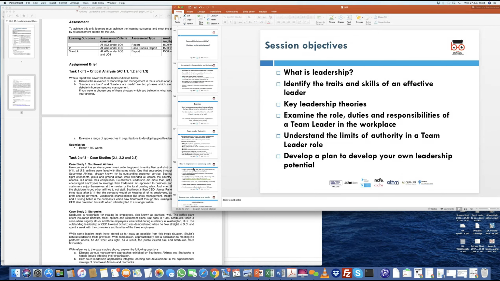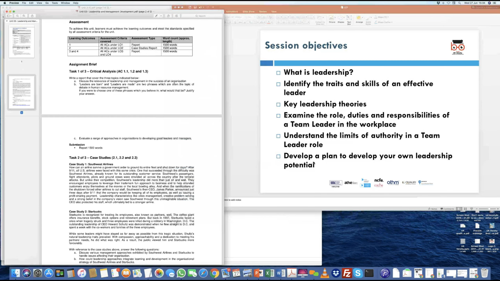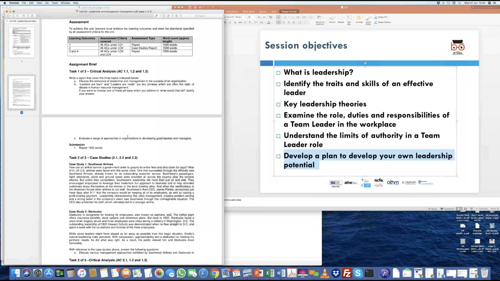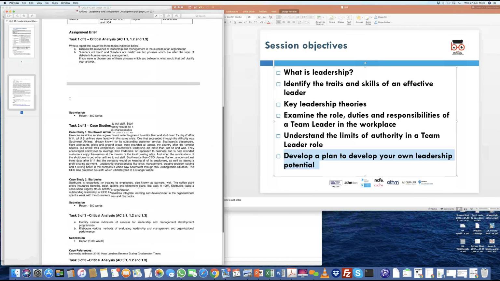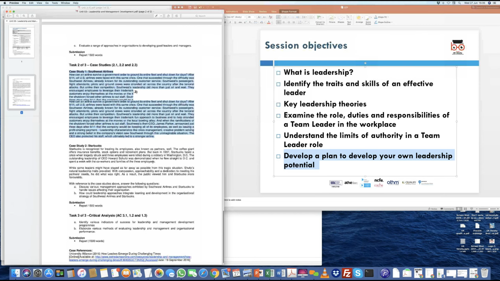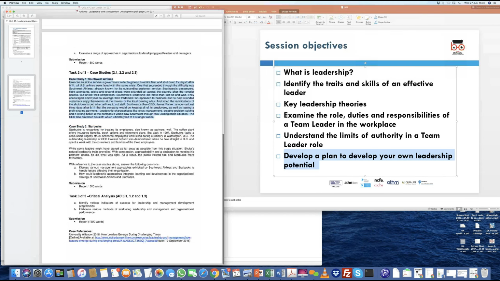And the idea towards the end of this would be to relate to a task in your assignment, which is to develop a plan of your own leadership. That will come across in one of the tasks when you look at the case studies of Southwest Airlines and/or Starbucks, and you have to pick one of them to discuss the leadership approach which the organization needs to take.